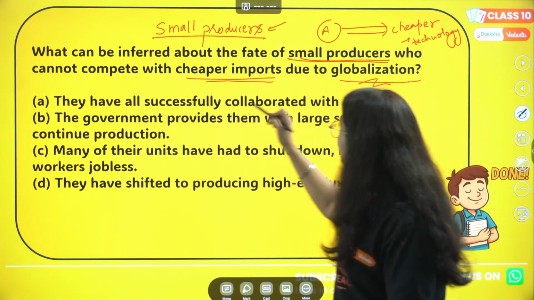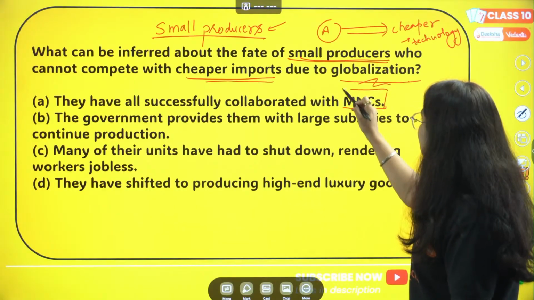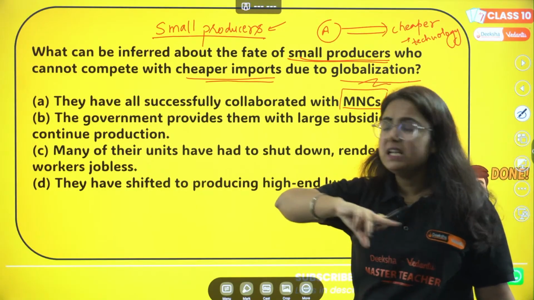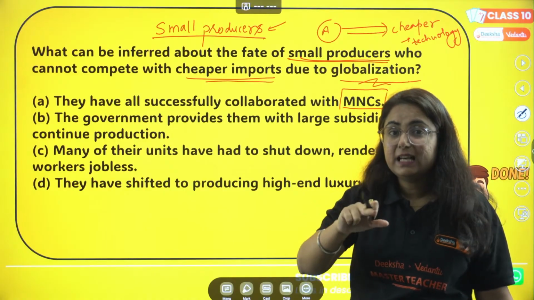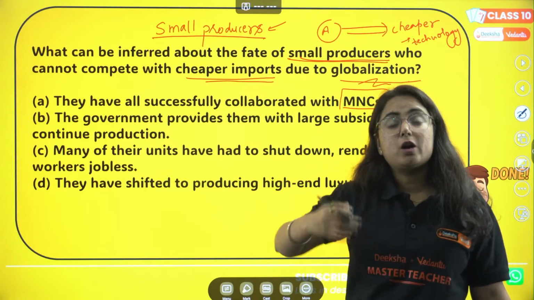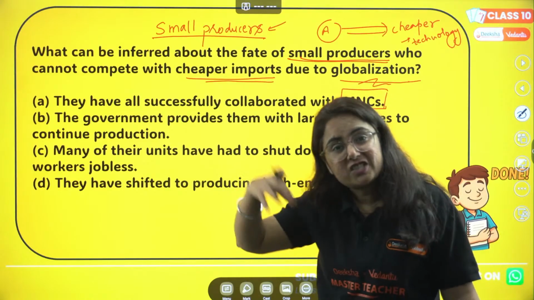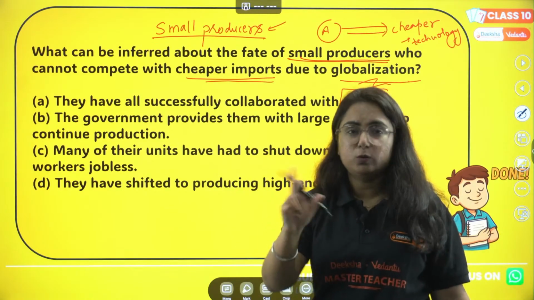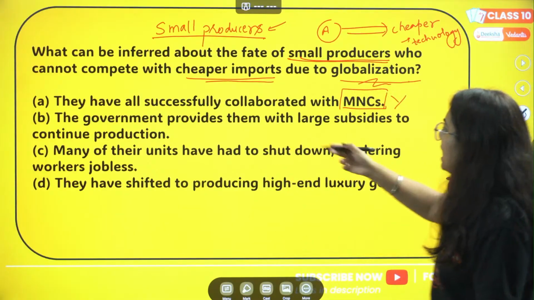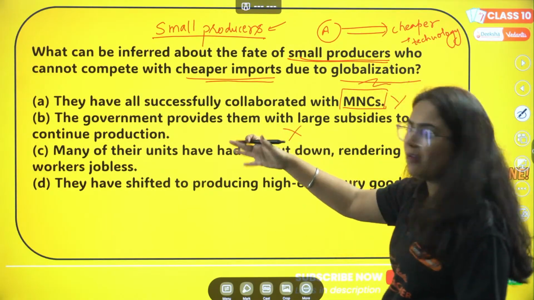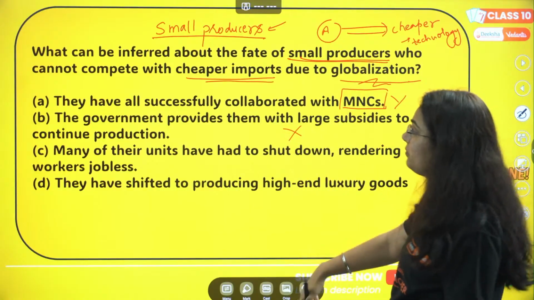They have successfully collaborated with MNCs? Pay attention, these small producers cannot collaborate with MNCs. Rather, MNCs collaborate with small industries, not the workers. So this one is not correct. Government does not provide subsidy, it is just theory.